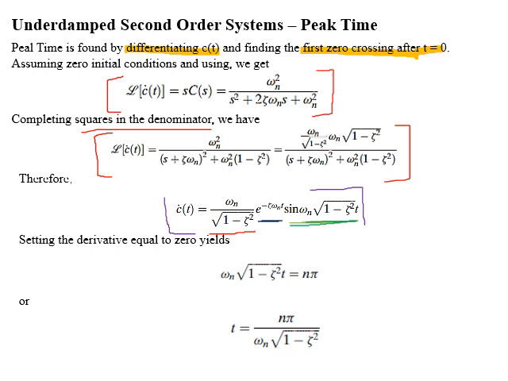So for local maxima or minima, we will use sine function value equals 0, and this will be 0 when its angle, which is omega n multiplied by square root of 1 minus zeta square t equals n pi, or time equals n pi divided by omega n multiplied by square root of 1 minus zeta square.